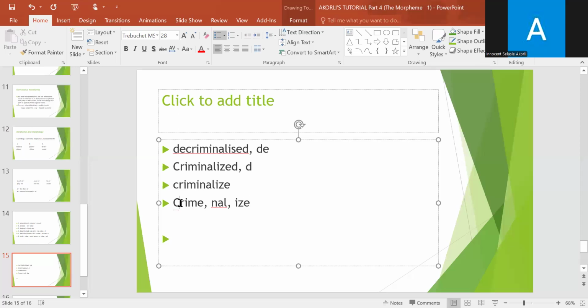So in effect, if you're supposed to mention all the various morphemes which make this word, then it should be D, crime, AL, IZE, then of course D, which is the past tense morpheme.